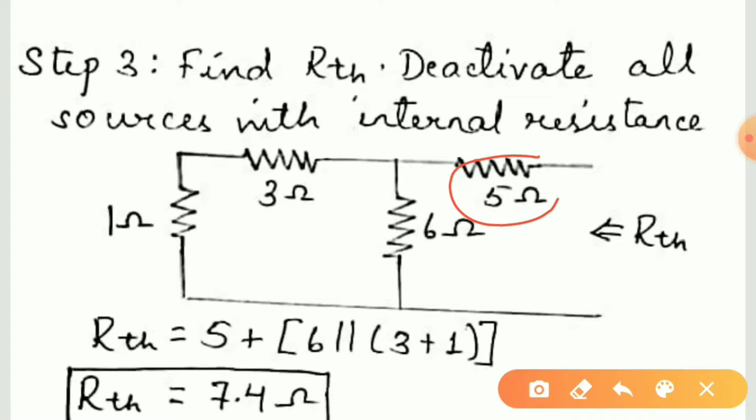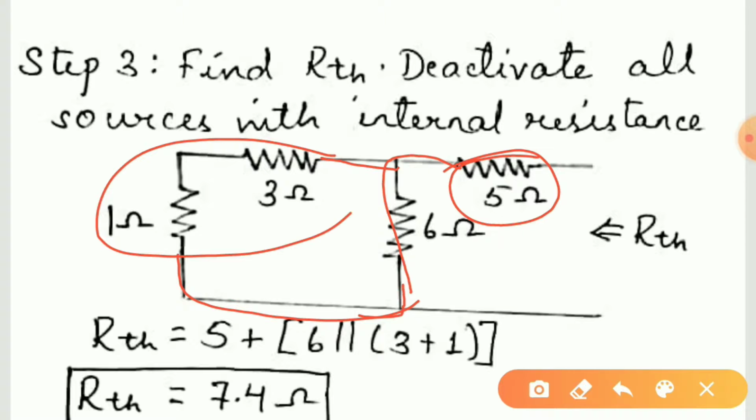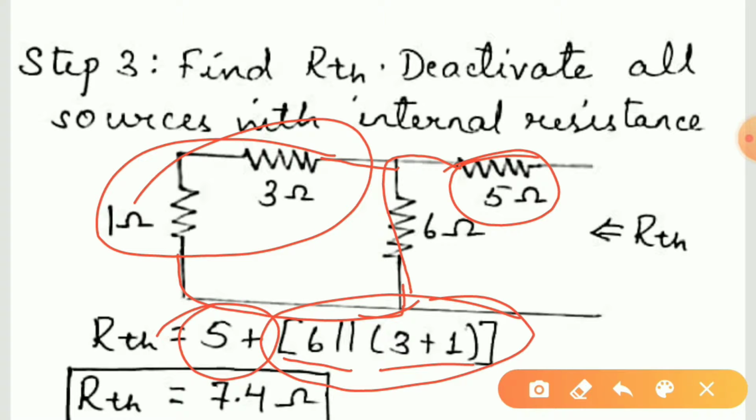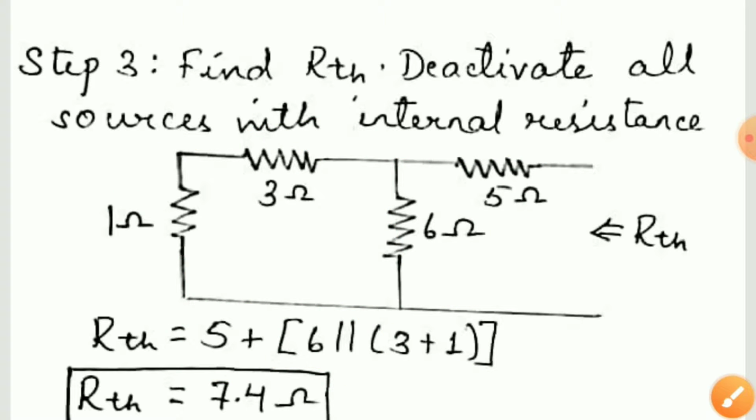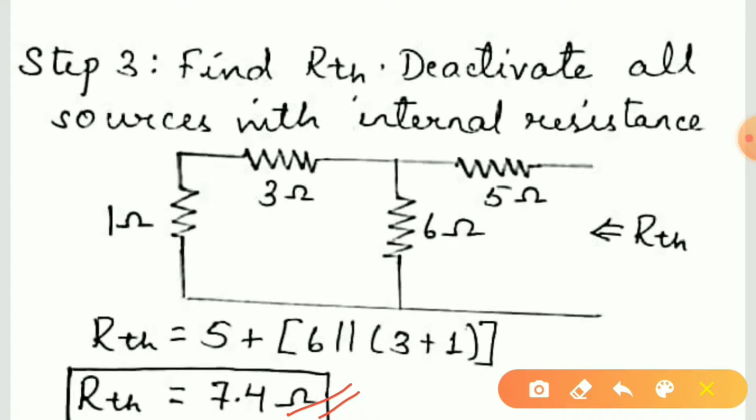Here 5 ohm resistor is connected in series with a 6 ohm resistor, which is in turn in parallel to a 3 ohm and 1 ohm resistor. So 3 plus 1 in series, which is in parallel to 6 ohm, which is in turn series with 5 ohm. On solving, we get a Thevenin's resistance of 7.4 ohm.